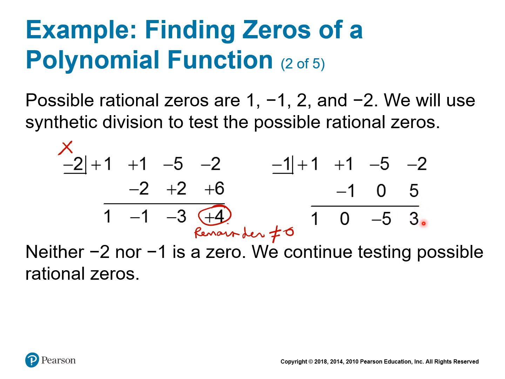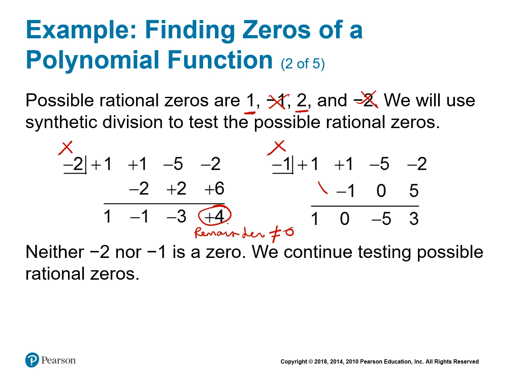It's still not 0, so that tells us -1 is also not a 0 of the function. Sorry, this is the one I should be crossing out. So neither -2 nor -1 are zeros. So let's cross this out here. This one is not, this one is not. So now we are left with 1 and 2.